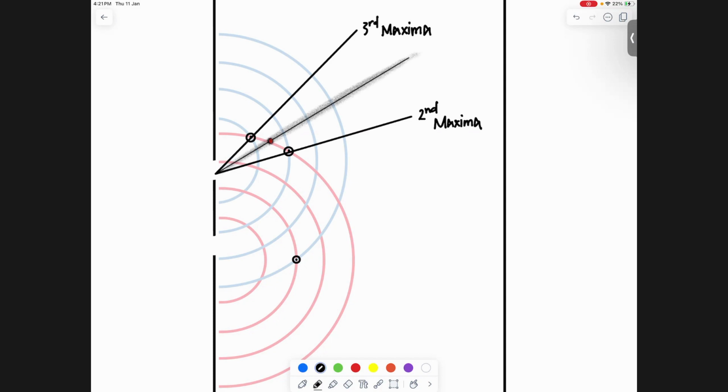I counted them from different sources. Blue from here, so 1.5. You count the waves from their source, and the red one would be 1, 2, 3, 4. Just keep a copy of this diagram somewhere at the bottom.